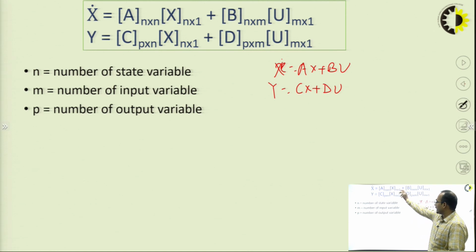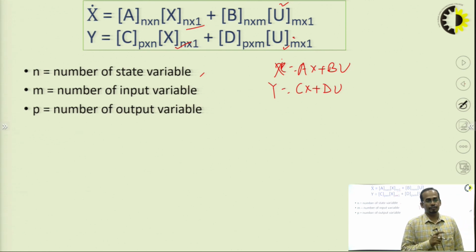So x is n cross 1 and u is m cross 1; u is the input and x is the state variable. Here n is the number of state variables, m is the number of input variables, and p is the number of output variables.